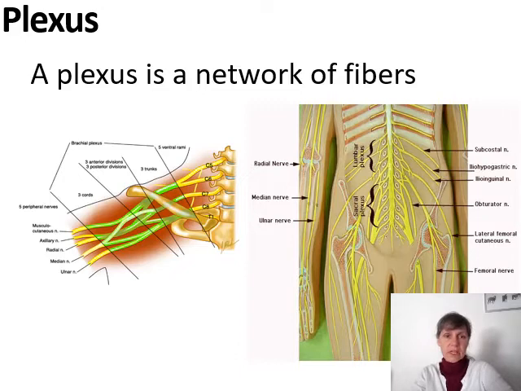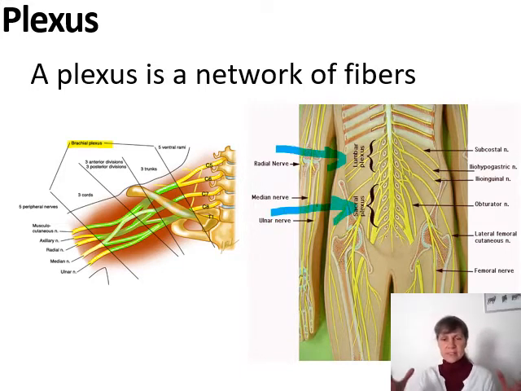When we look at a nerve plexus, it is basically a network of axons, which are nerve fibers. And here we have the brachial plexus, and here we see on the right-hand side there is a lumbar plexus and a sacral plexus.